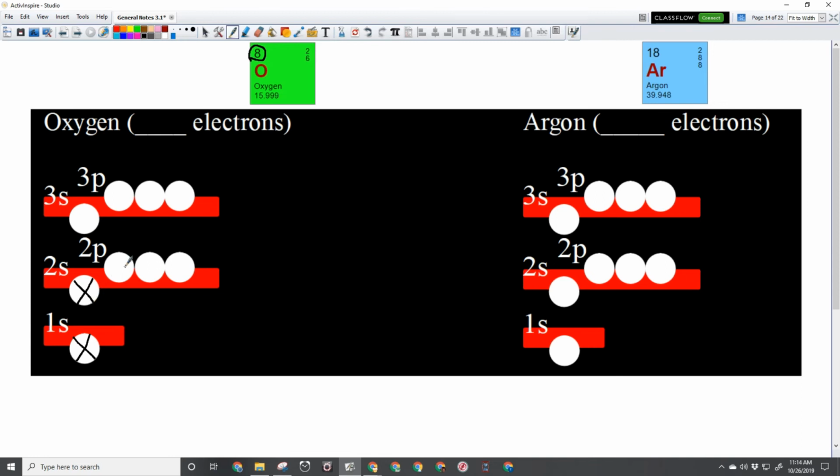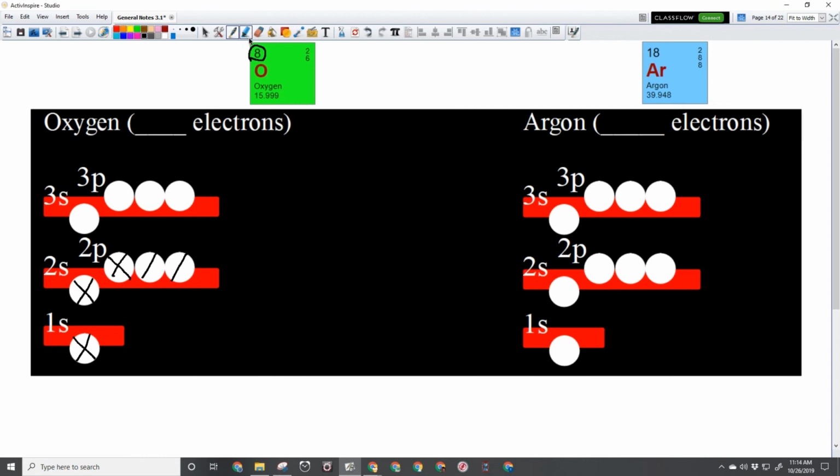Now we're going to do the 2p. Now remember, we have to do 1 in each before we can go back and add the second. So we have 1, 2, 3, 4, 5, 6, 7, 8. Okay, so the diagram, this is called the electron diagram for oxygen, is going to look like this.